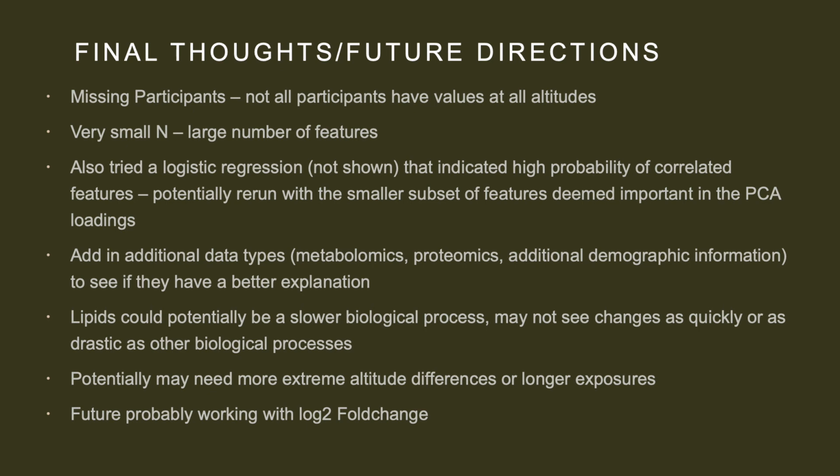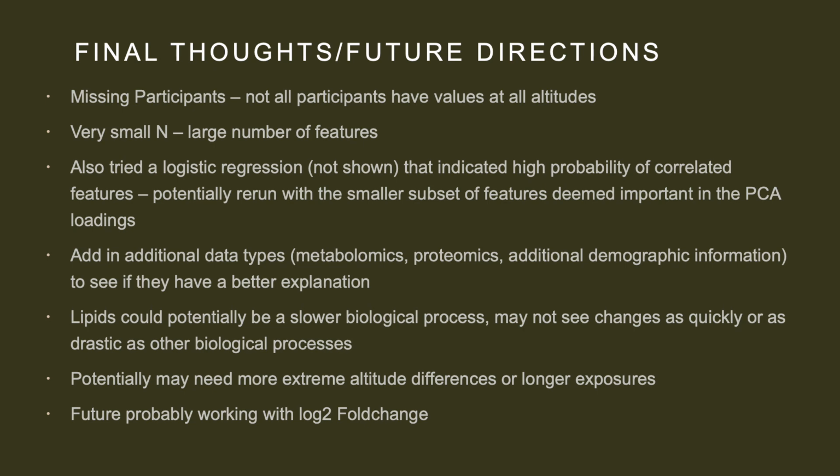So it could show similar results, that maybe our best separation chances are looking at ground level versus 8K, or the fold change from 0 to 8, or the fold change from 0 to 4, and hopefully adding in additional information.